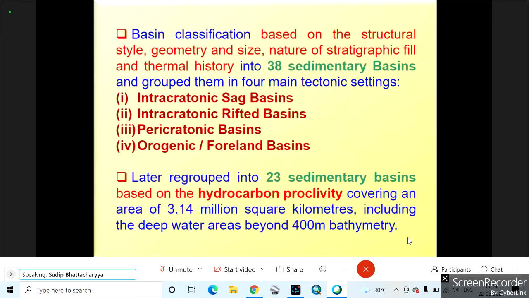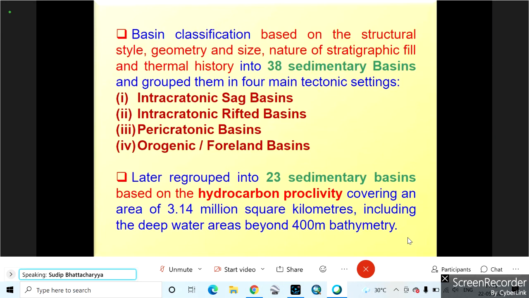So after all these things, what we are going to do? We are going to find out that, okay, then in our India, what types of basins are there, how many basins are there, and how they can be clubbed or grouped into different types of these basin types.